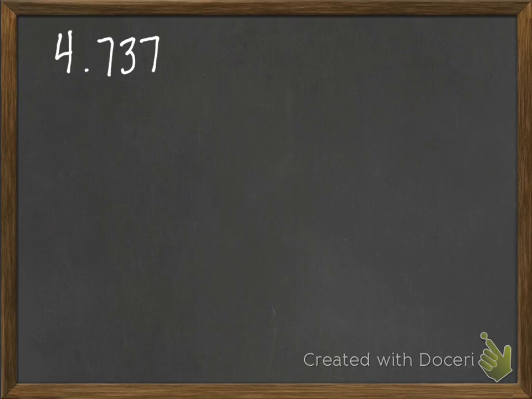So the first one, it wants you to write 4.737 into word form. So in word form, I would write 4 and, every time you see a decimal, you use the word and, 737 thousandths.